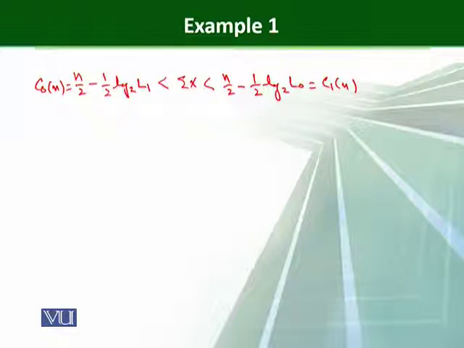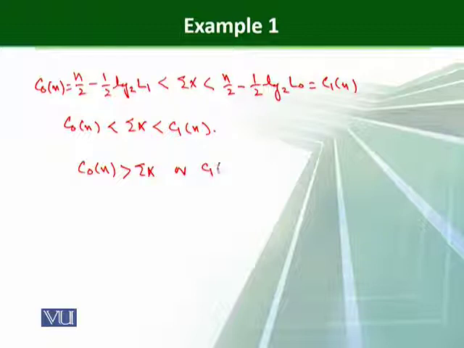We continue to observe the outcomes as long as C naught n is less than sum x less than C1 n. The observation of the outcome is discontinued with the first value of n for either situation: C naught n greater than sum x, or C1 n less than sum x.